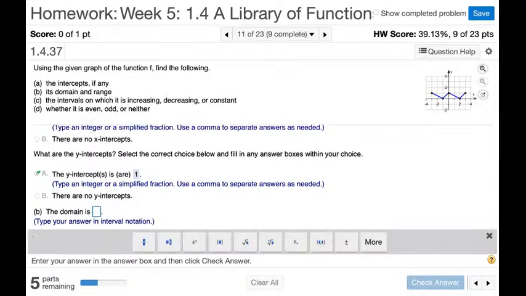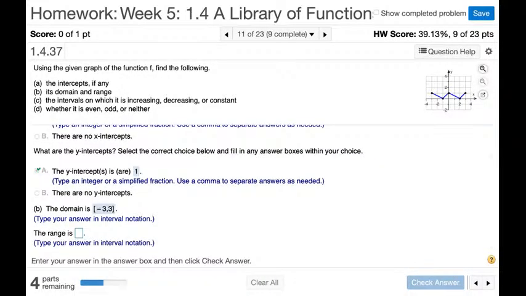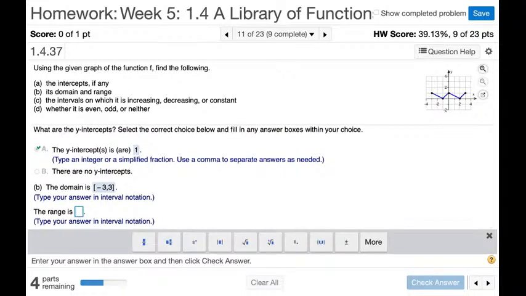Interval notation, so we're going to use square brackets from -3 to 3. The range, 0 to 1, square brackets, 0.